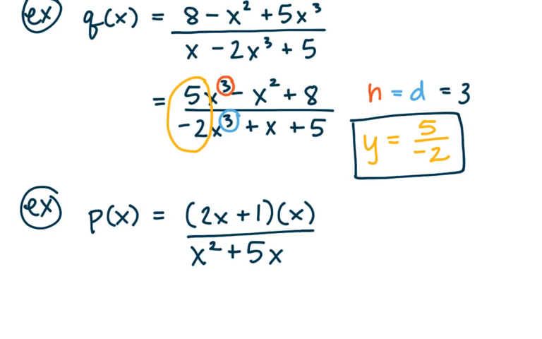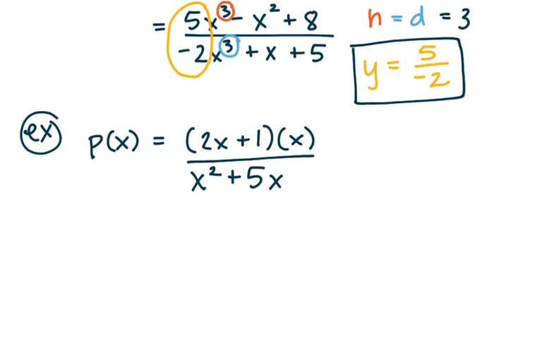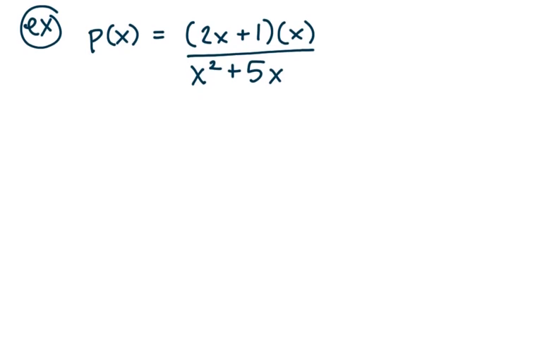And so what we want to notice here is that the numerator is not completely multiplied out. If I do that, however, I've got 2x squared plus 1x over x squared plus 5x. Of course, I don't need that leading coefficient 1.